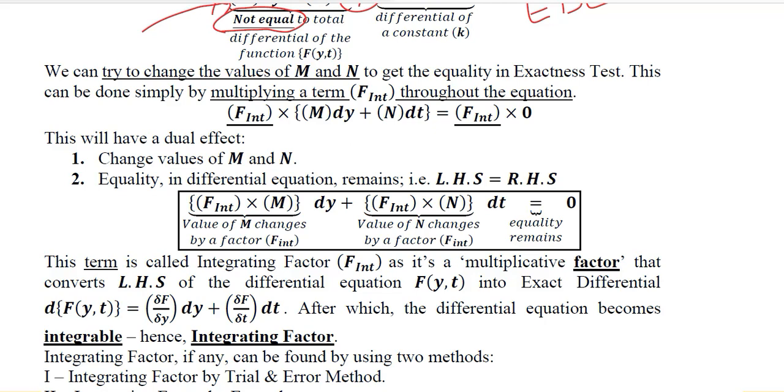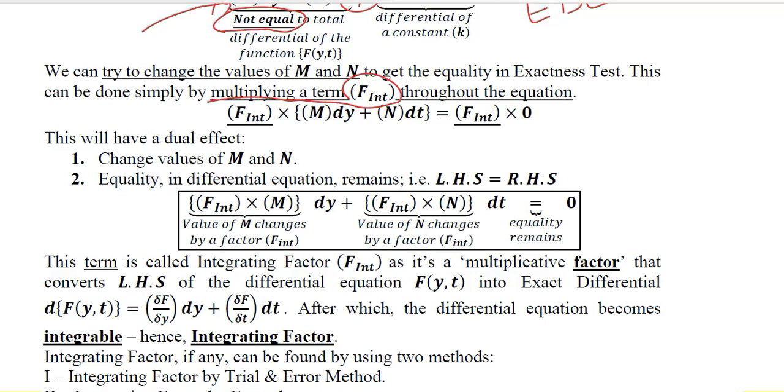Now, as we remember that M and N can be changed, let us make some adjustments for that. What I can do is multiply the equation with a certain factor, which I am calling f(int), that is, factor.